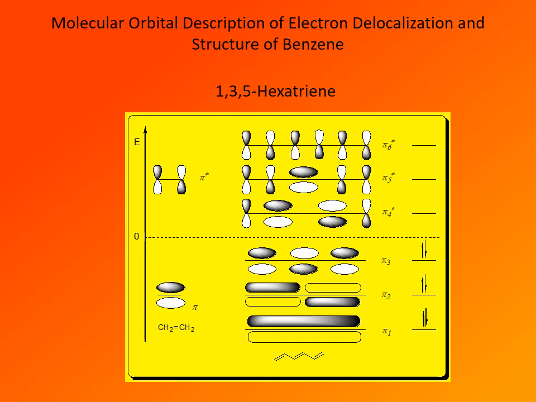And then you can see as energy increases, the number of vertical nodes increases, and we end up eventually with the completely antibonding pi 6 orbital, which has a node between each of the carbons. Since there are 6 electrons, there are 3 electron pairs. Those 3 electron pairs fill the 3 bonding orbitals, while the 3 antibonding orbitals are empty.